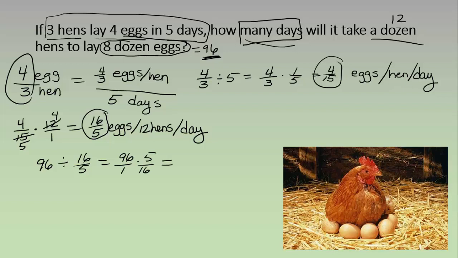I see some reducing again. I know 8 goes into both of those. They're both even, so 2 also goes into both of those. And what's left is 6 times 5 is 30. It takes 30 days for those 12 chickens to lay 96 eggs.